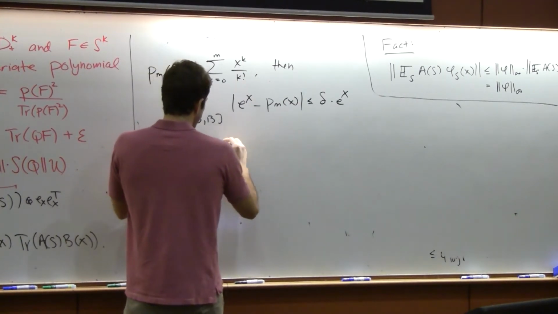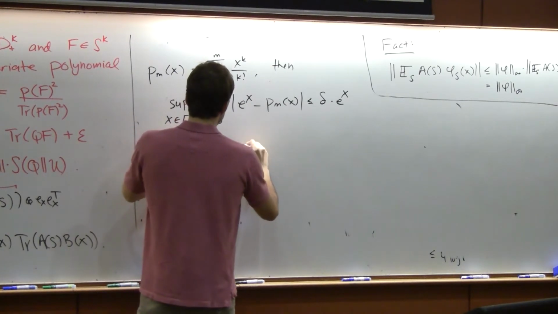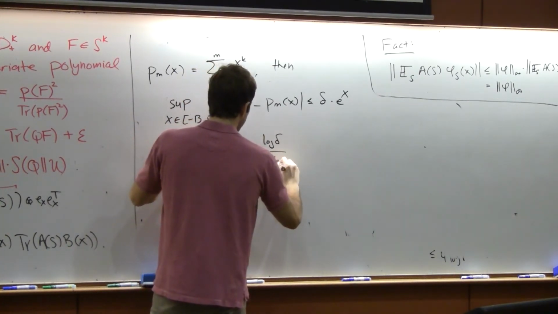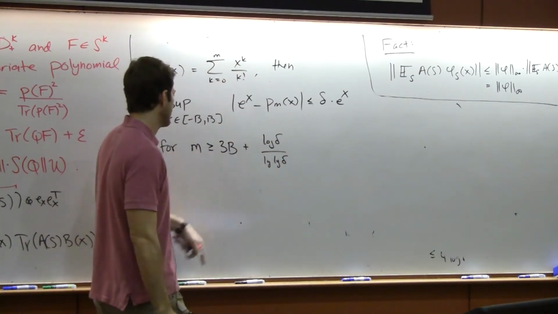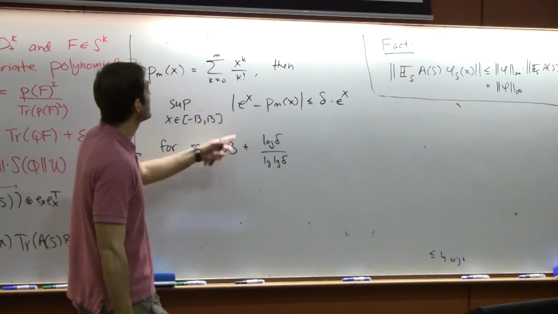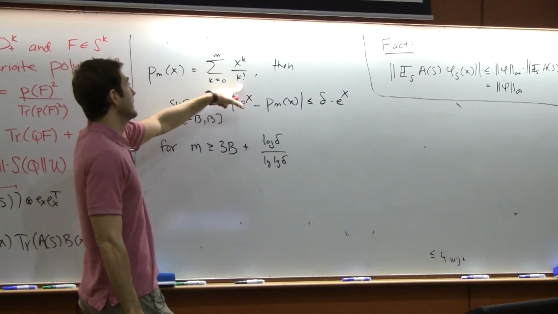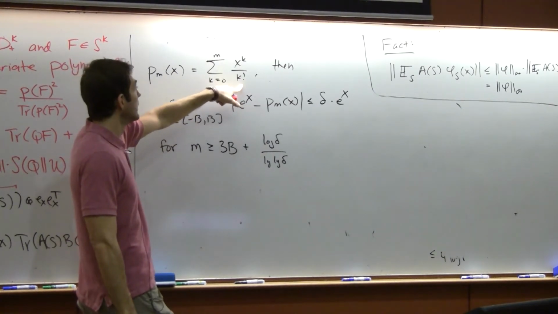You can see that the following suffices: let's say 3b plus log delta over log delta. Delta is going to be a constant, so this doesn't matter. This is tiny. But in general, look at the m plus first term here. What is it? It's like x to the k over k to the k. So how do we get that to be small?